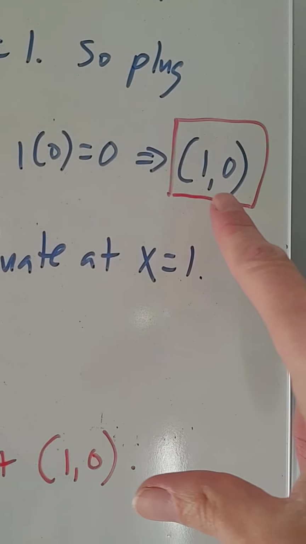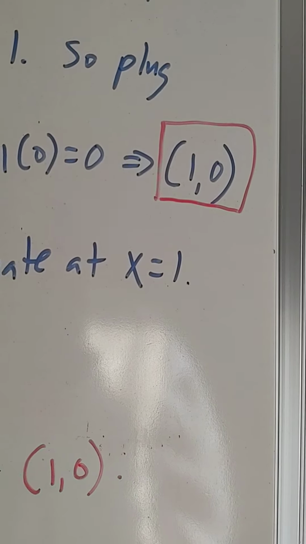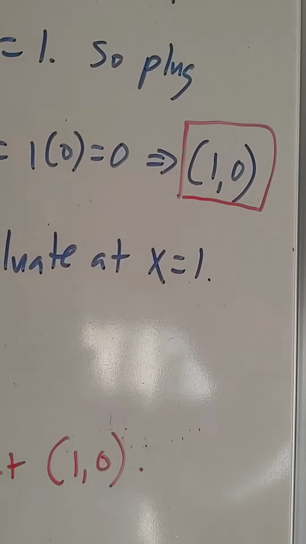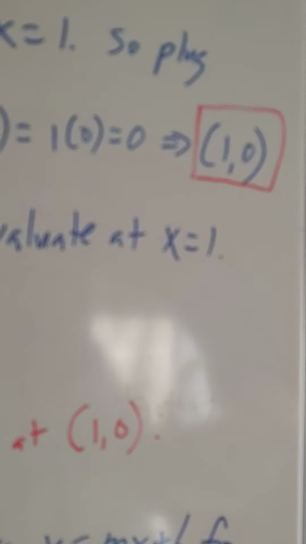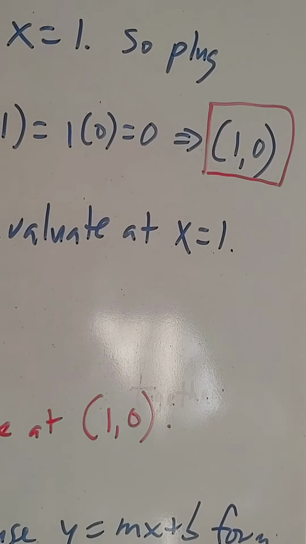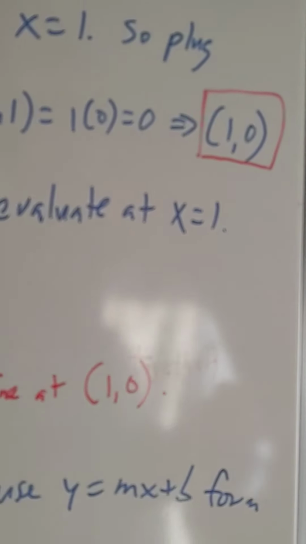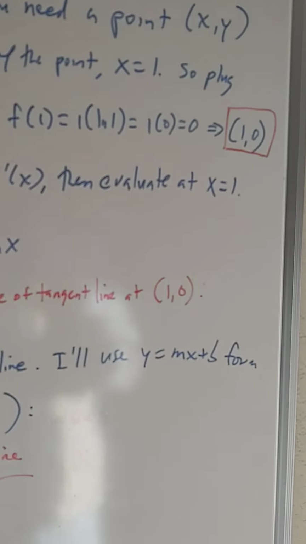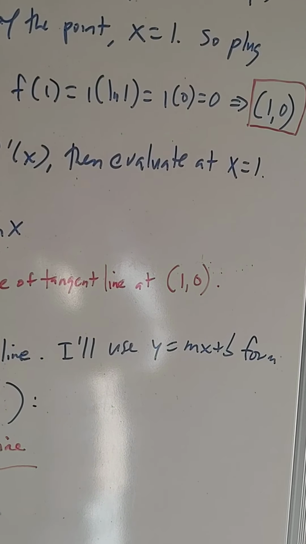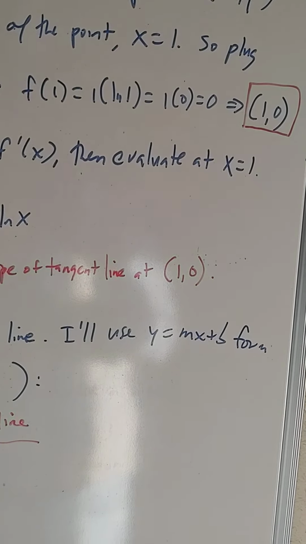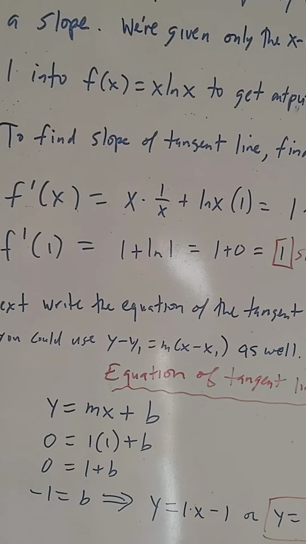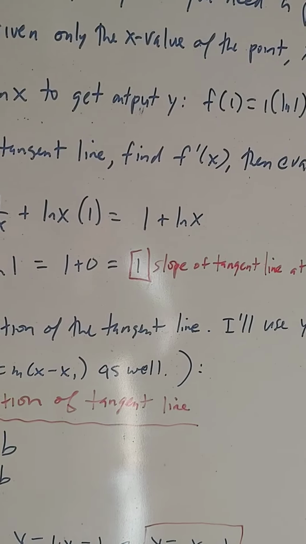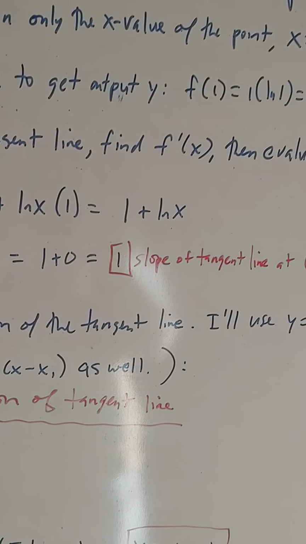So this is the point x comma y, which is on the graph of f and where the tangent line goes through. So we know a point on the tangent line. Now we need to know the slope of the tangent line, so that I can write the equation of the line, because once you know a point and a slope, you can write the equation of the line. To find the slope of the tangent line, you must find the derivative f prime of x.